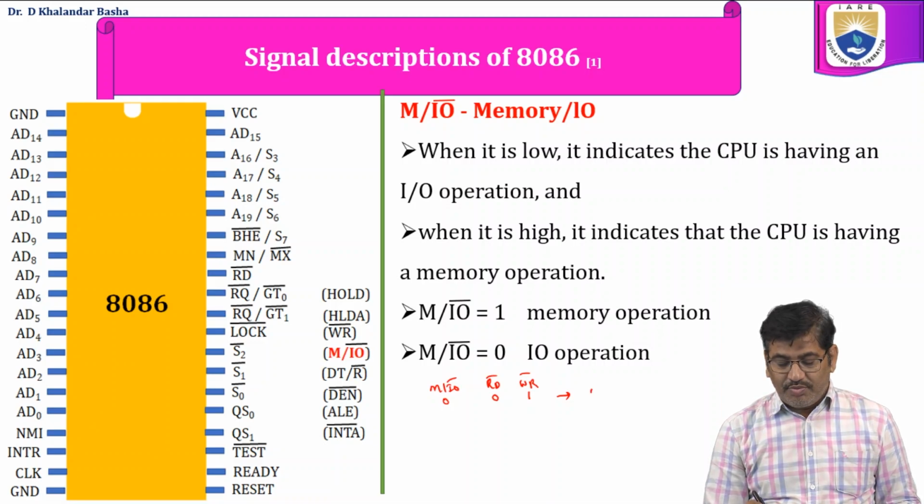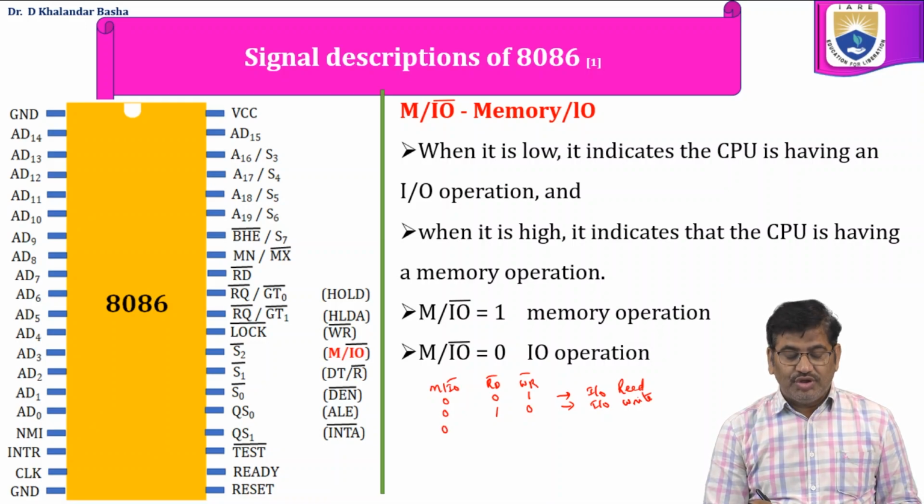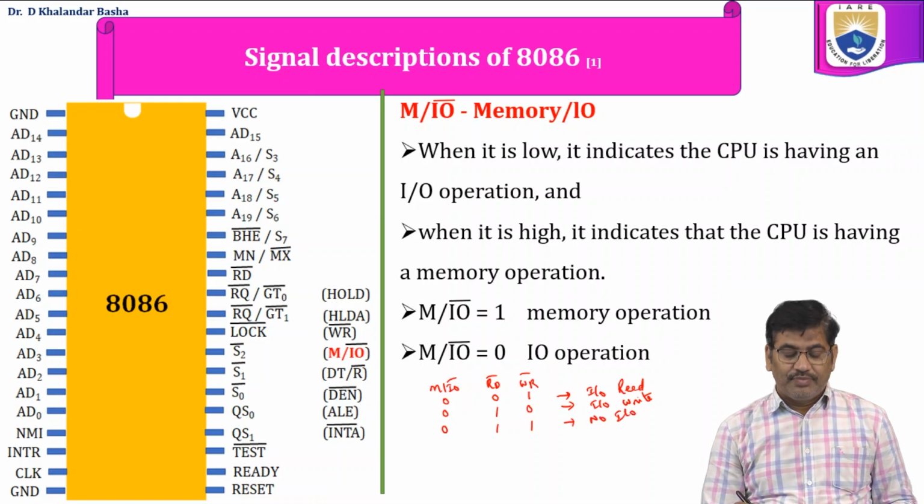So this is performing an IO read operation. If M/IO bar is 0, read bar is 1, write bar is 0, it indicates the processor is performing an IO write operation. If M/IO bar is 0, read bar is 1, write bar is 1, it indicates no IO operation is taking place.